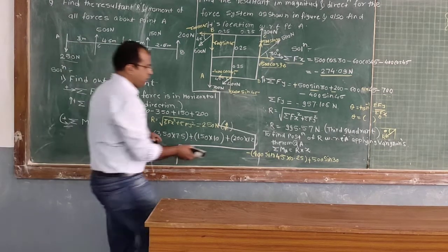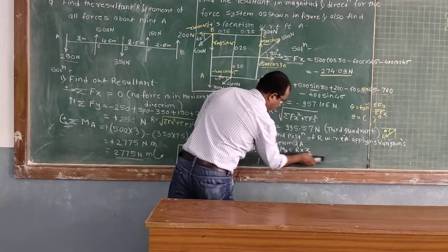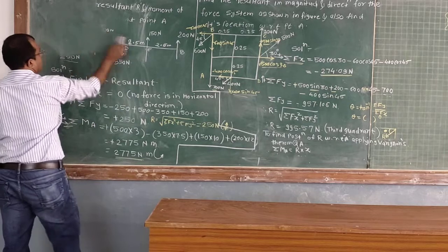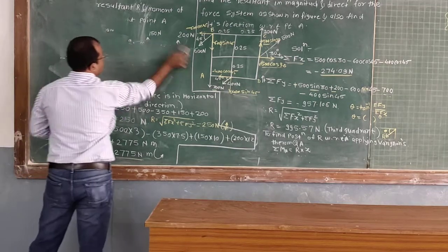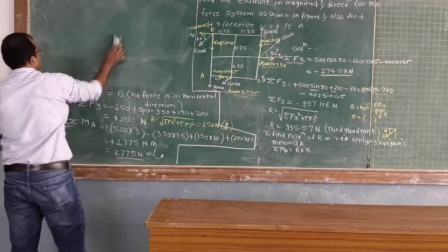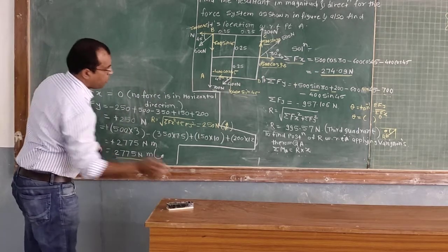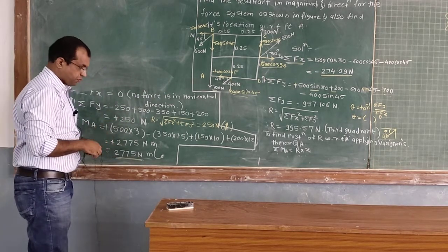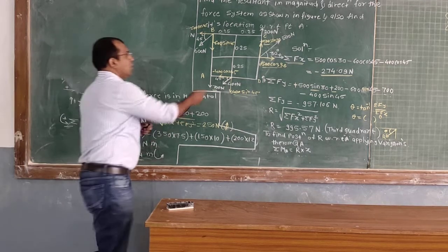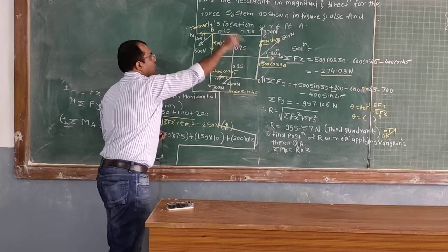So I will write the equation of moment for you on the board. Let's start with one force. I will write down the equation of moment about point A for this system of forces.